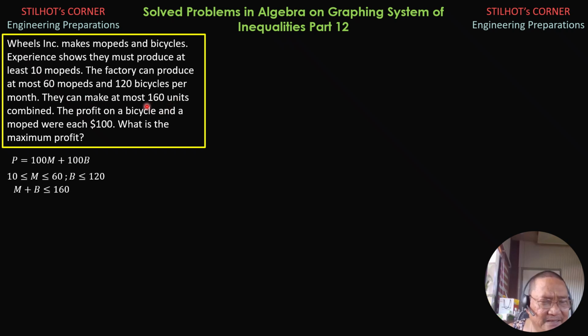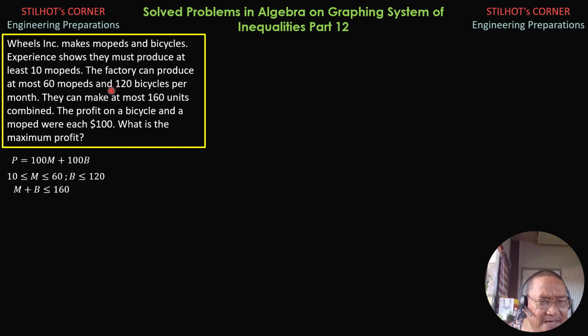From this statement, because the objective function is the profit, to maximize the profit the number of units to be produced should also be maximum. However, with that in mind, we have to consider these restrictions and limitations.